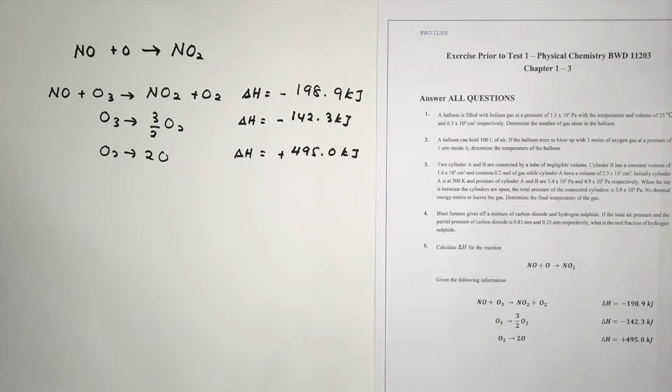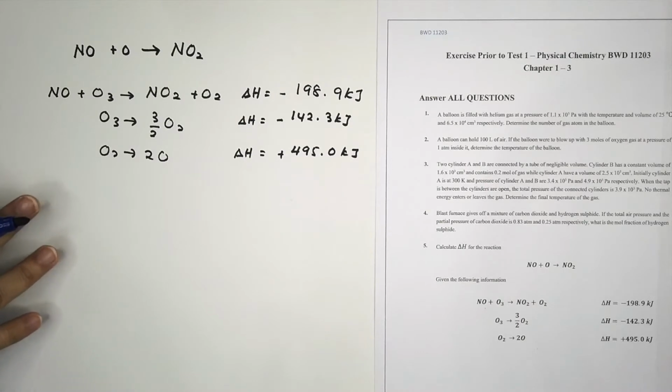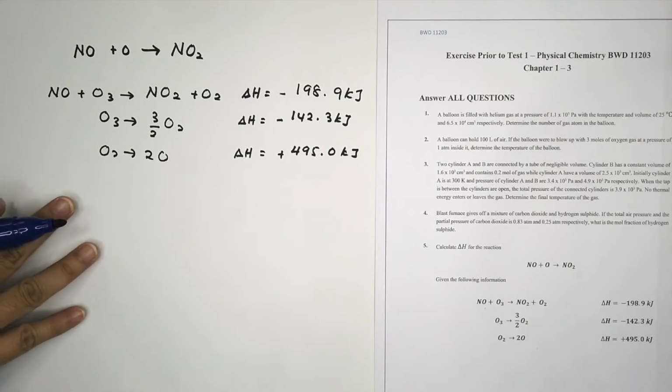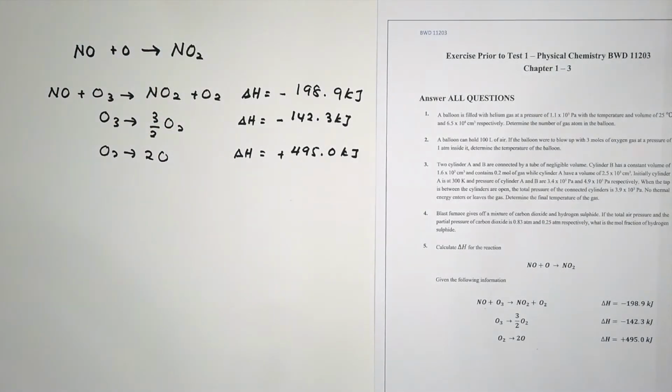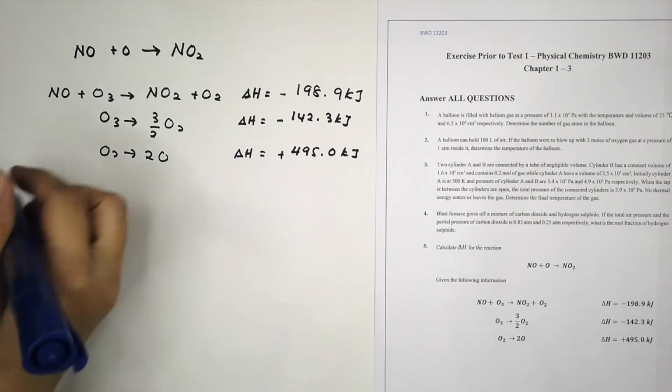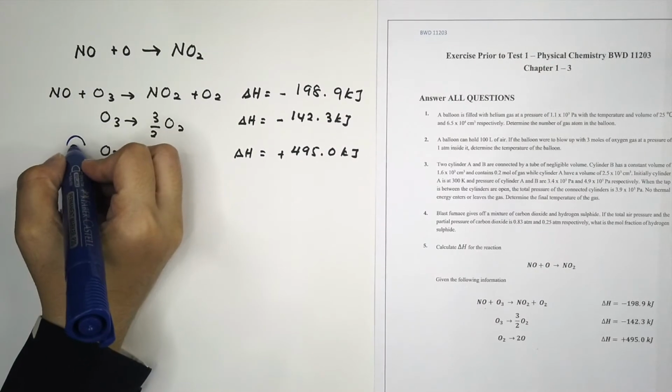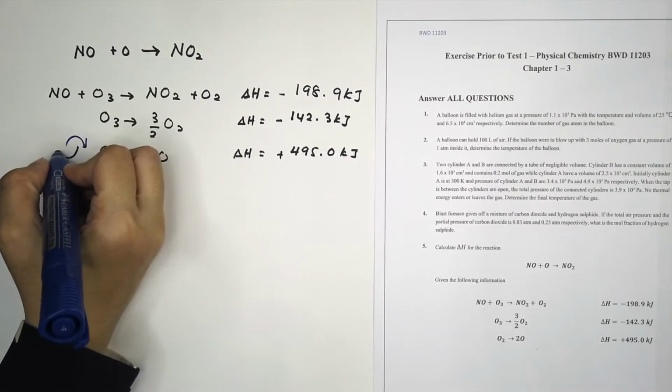For the second equation, actually none of this is related to the target, but we are just going to let it be at first. And then the third one is O2 and O, but we need the O to be at the reactant, so we need to swap places for this one.